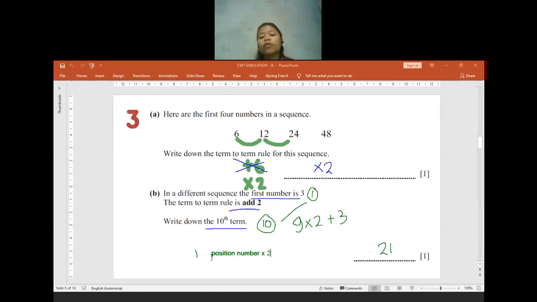That's why you write it as position number times 2. And then when you check, the first number is 3, so I need to add 1 to get the first term. That's why maybe you do it as 10 times 2 plus 1. Is it wrong? No, it's not wrong. It's correct also. So you are finding the position to term rule first and then using it to find the answer. It's correct.